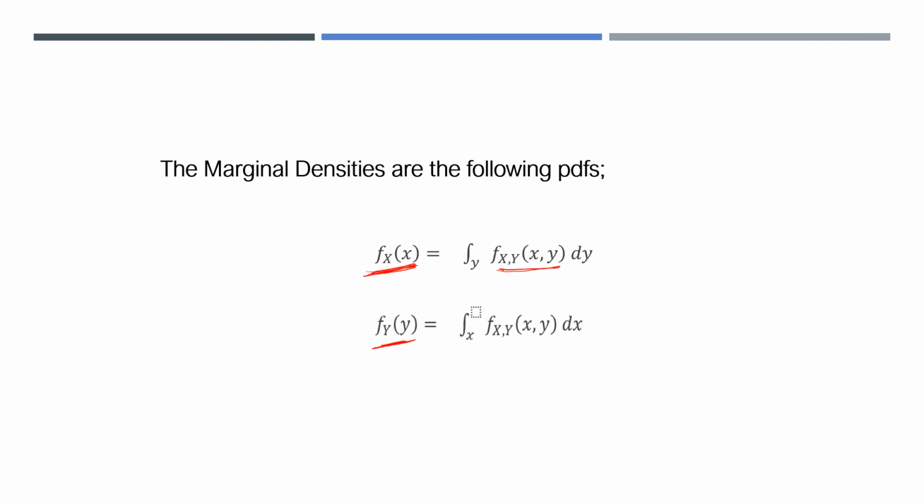PDF of x is obtained by varying the value of y. So since you are varying all possible cases of y, you are integrating with respect to y of f(x,y). And the same way, marginal density for fY will be the integral with respect to x. You are varying x or you are taking all possible cases of x.